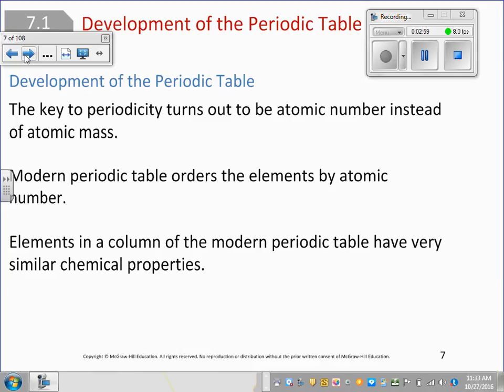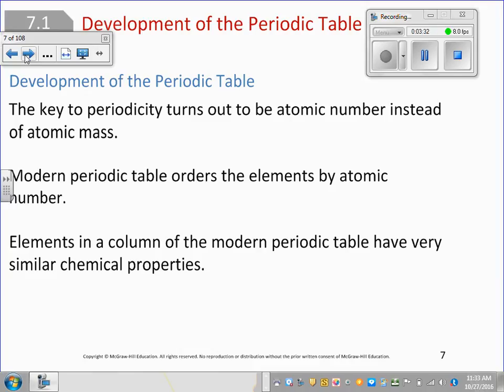That's why our modern periodic tables have everything going up in atomic number. The atomic number is the number of electrons and protons. We talk about protons. But it turns out it's the number of electrons, and that's where the chemistry occurs. So that's why if you have the same number of electrons, or similar numbers of electrons, you have similar properties. So elements in a column of the modern periodic table have similar properties.